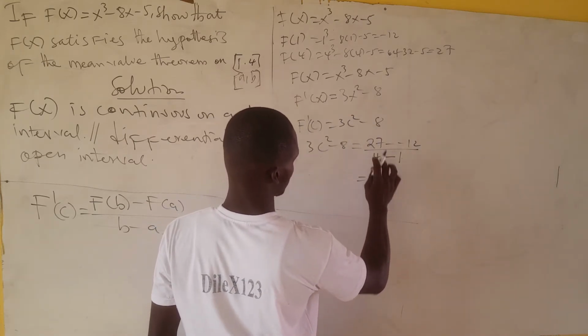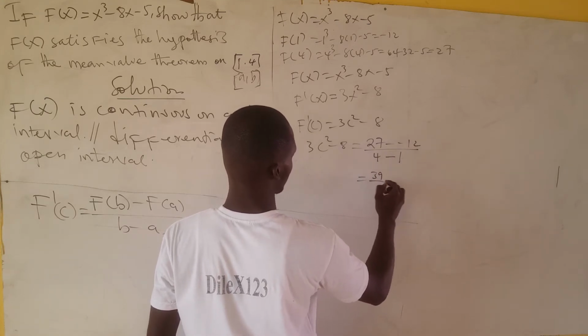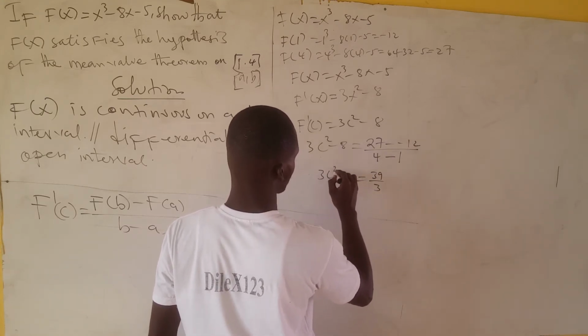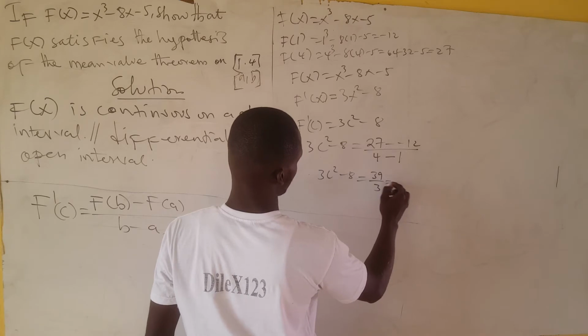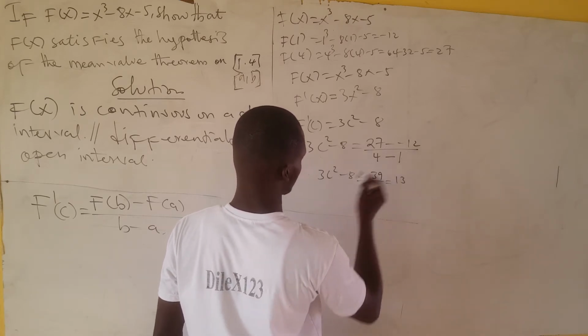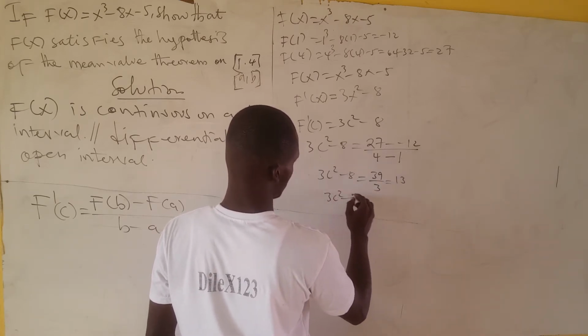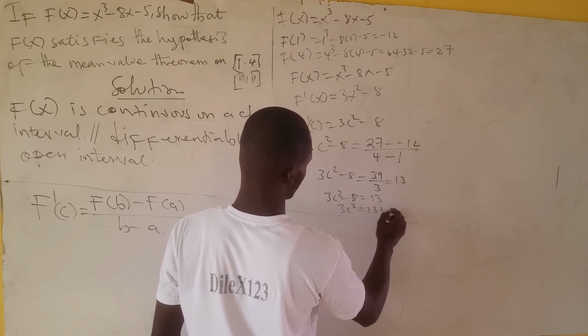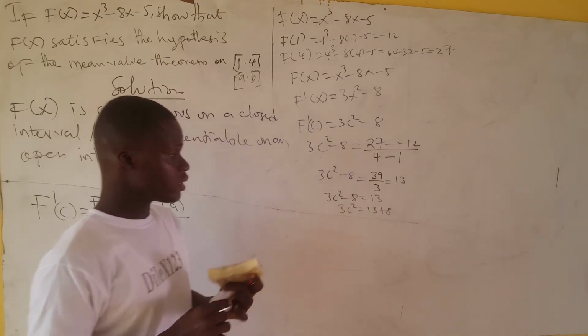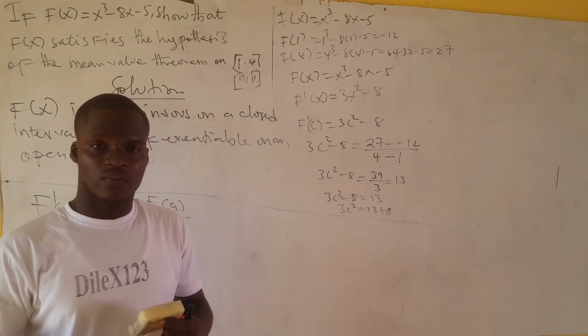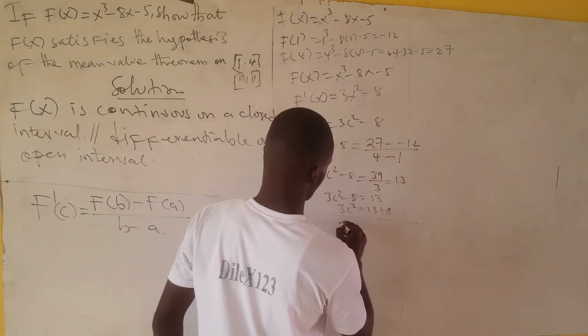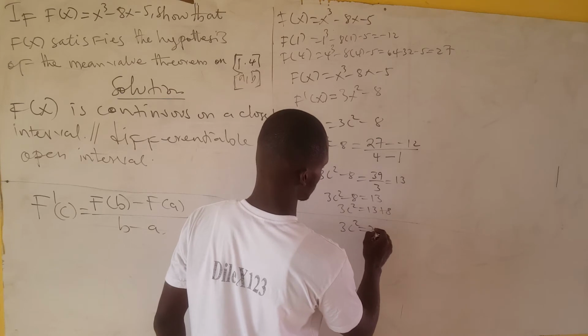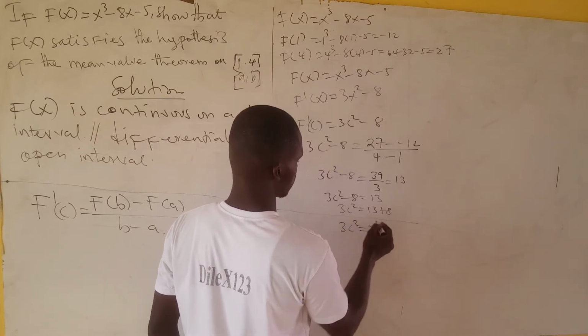Good. So we are going to get 27 plus 4, that is 31 over 3... so this equals 3c squared minus 8, and 39 over 3 is 13. So 3c squared minus 8 equals 13. 3c squared equals 13 plus 8. So 13 plus 8 is 21. So 3c squared is equal to 21.